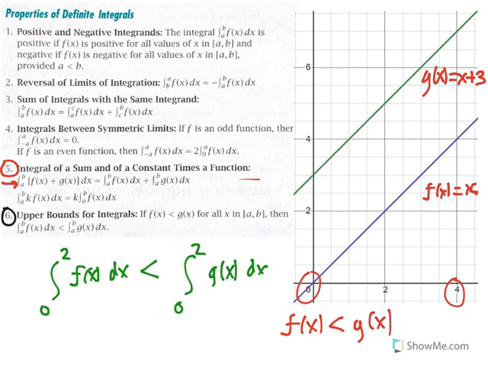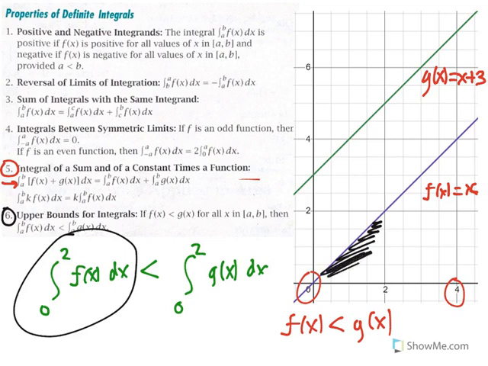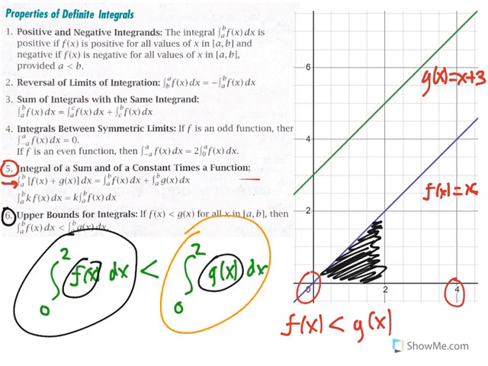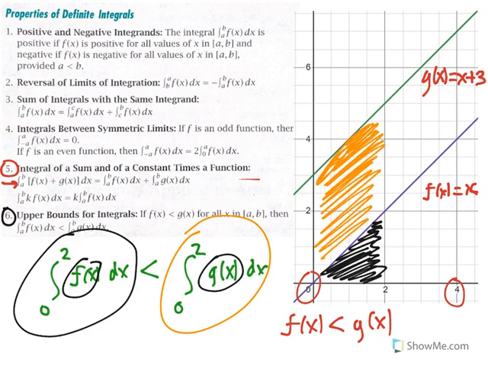And that is intuitively obvious because we know this one represents the area under the graph of f and above the x-axis on the interval from 0 to 2. And because f of x is less than g of x, of course, this one will represent a greater area. It would represent the area that we see here, all of that.